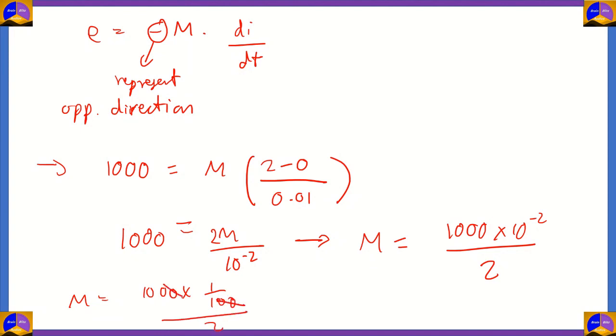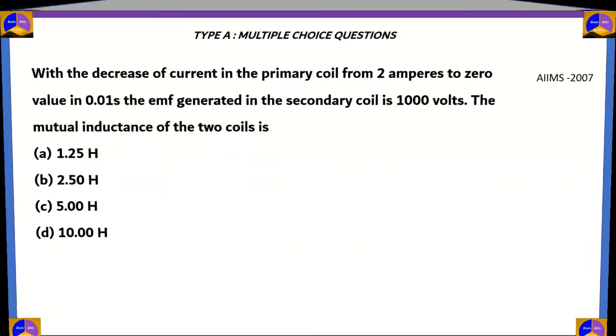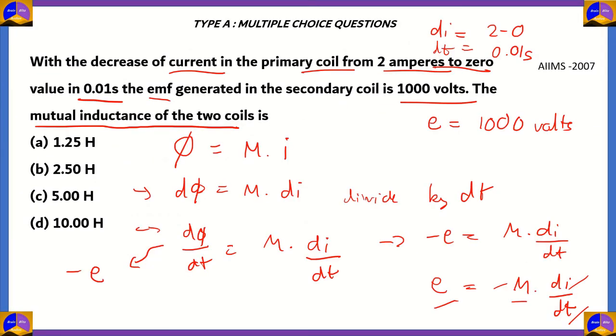So the two zeros get cancelled. We have 10 here. 10 divided by 2 is equal to 5. So the value for mutual inductance is option C, 5.00 Henry. And once again, we found out the mutual inductance by using the same formula.